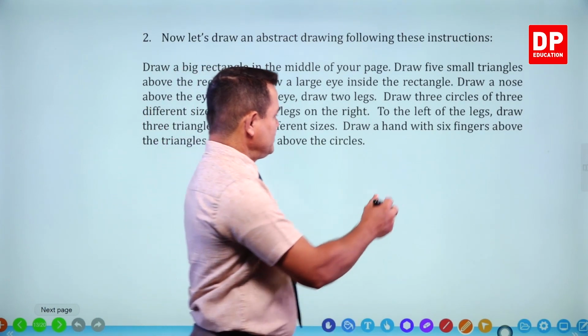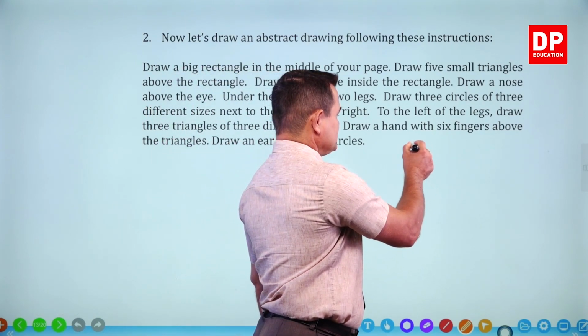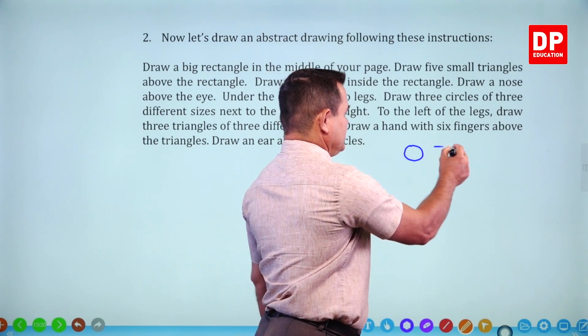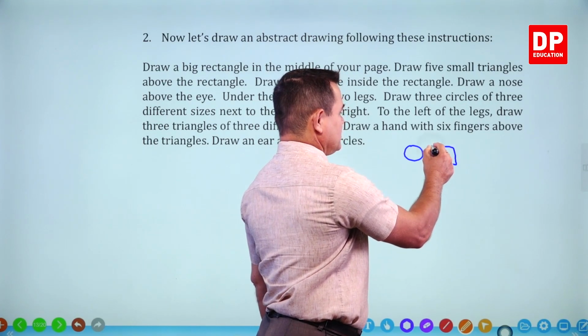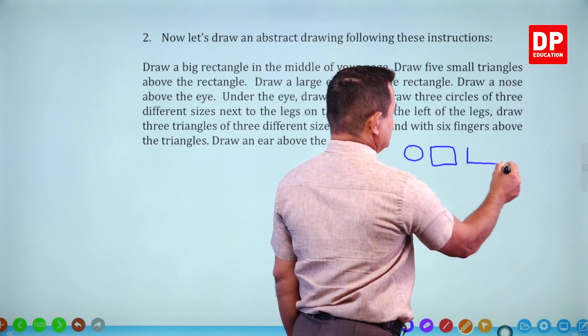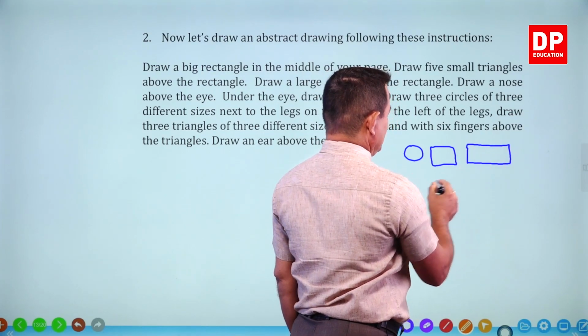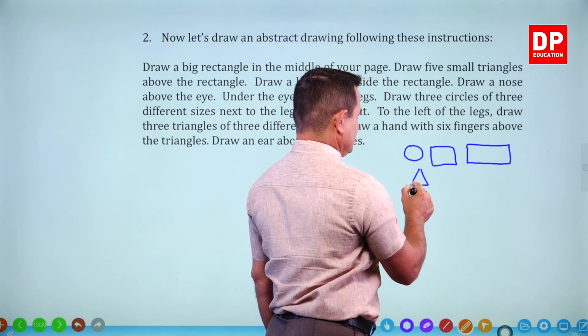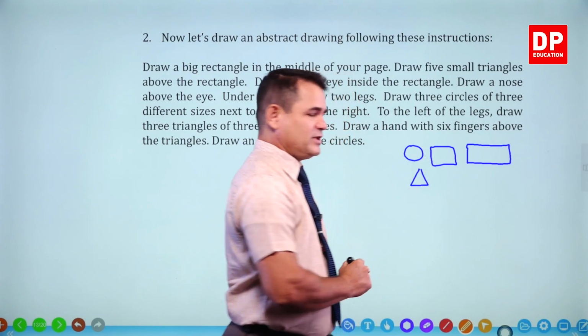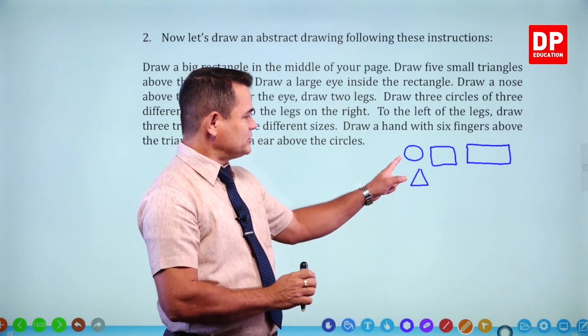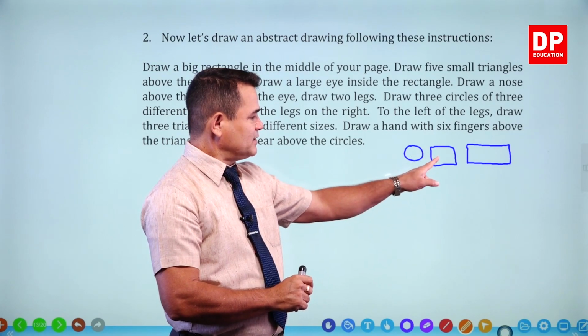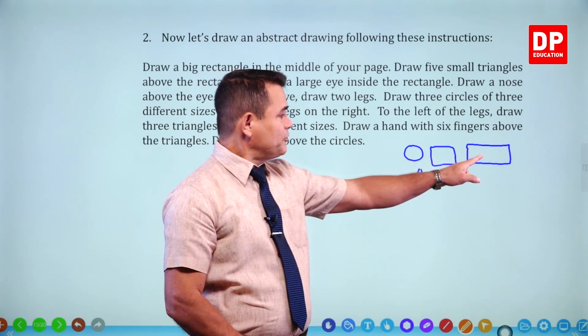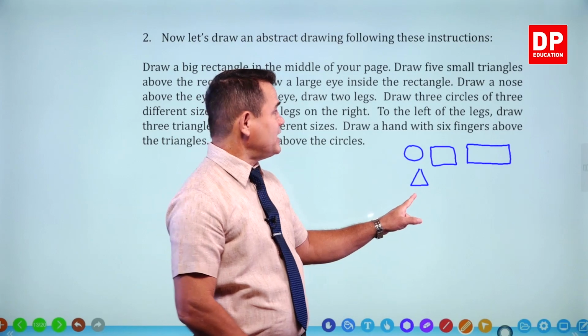You know this is called circle, then square and rectangle and triangle. ත්‍රිකෝණය. Right? Circle, square, rectangle and triangle.